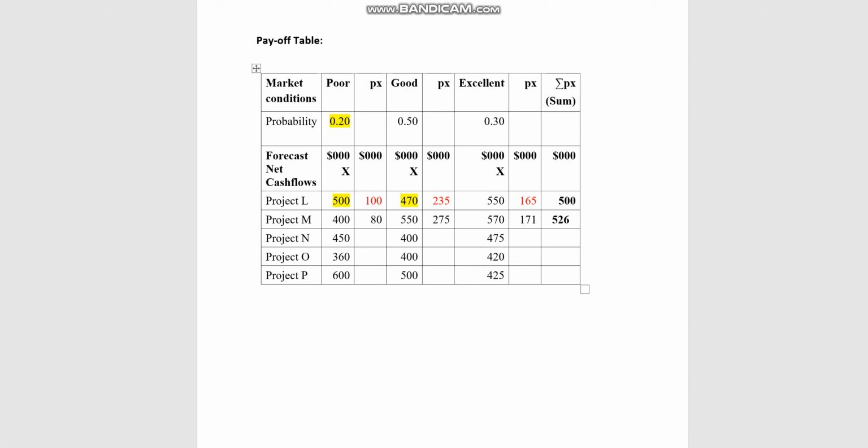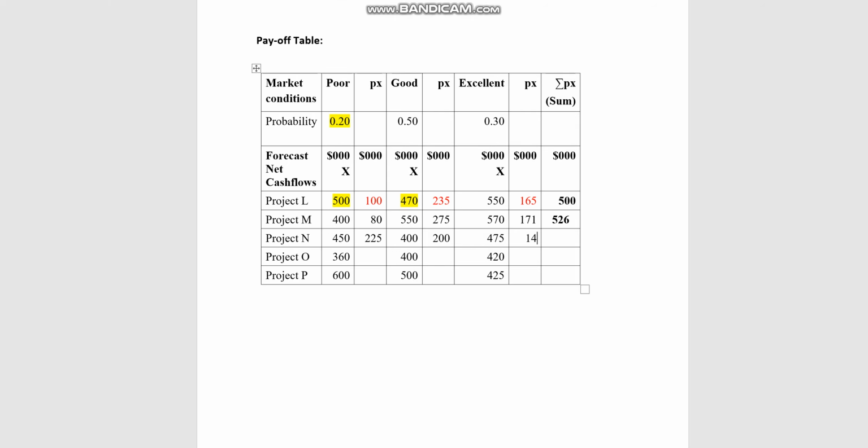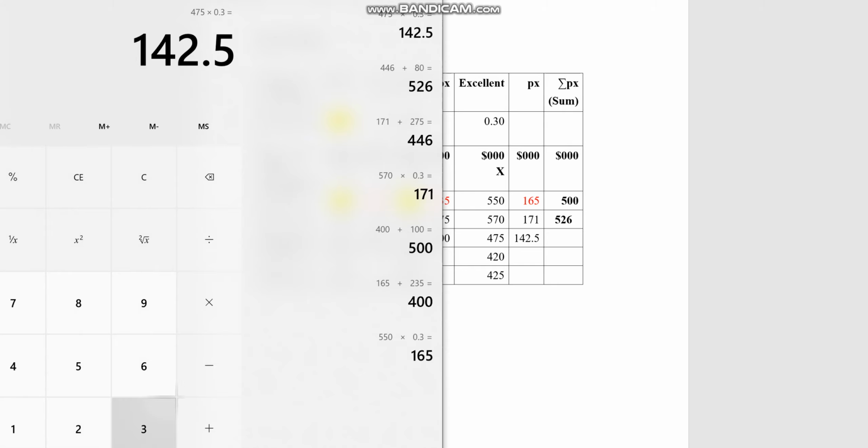Likewise I'm going to work out project N as well. So 0.2 into 450 is 90, then 0.5 into 400, which is 200, and 0.3 into 475, 475 times 0.3, which is 142.5, and I will add 200, and it comes to 567.5.